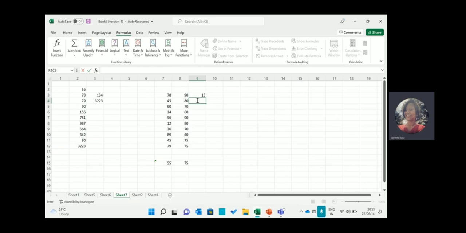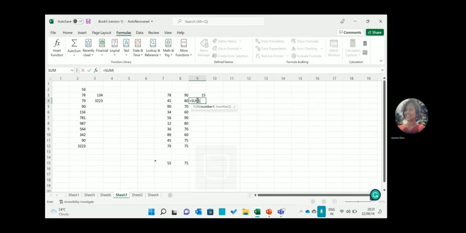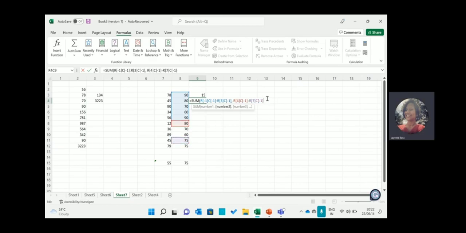But you can always see how to do addition and subtraction together. For example, I can do equals to, put sum, select this value and select to this value, right? Comma, and let's say use this and do a minus and do this, right?